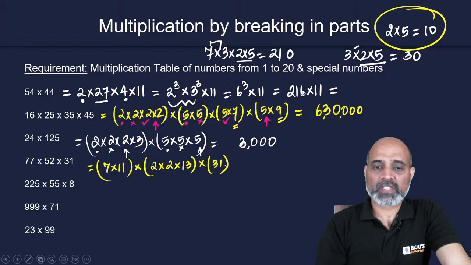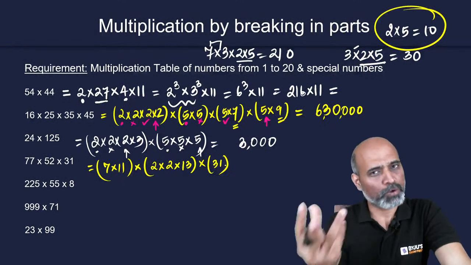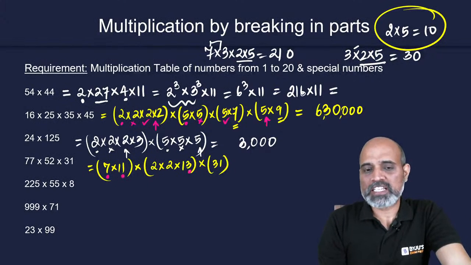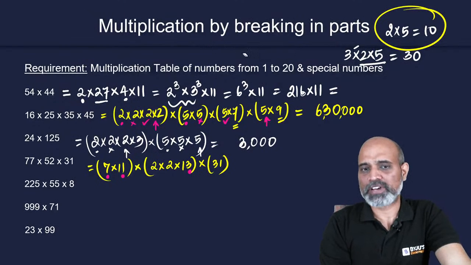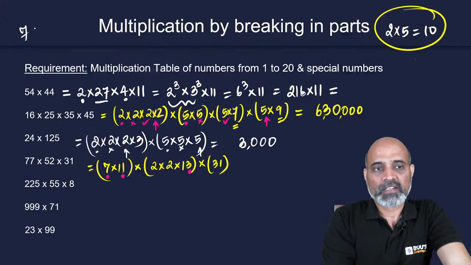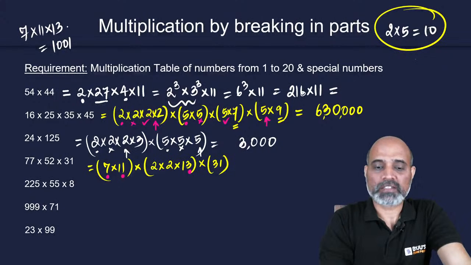Now, again, like I said, हर कैलकुलेशन में कुछ ना कुछ पैटर्न चल रहा होता है. If you look at the product of these three numbers, 7, 11 and 13, these are not some random values. 7, 11 and 13 together give you a number which is 1001.